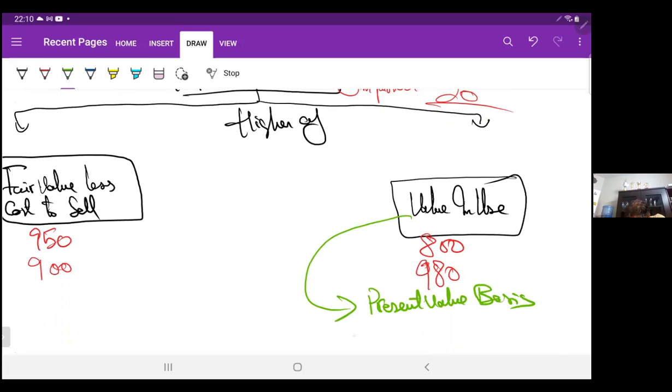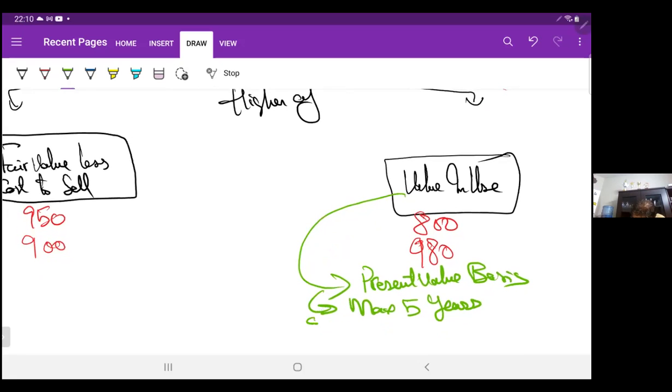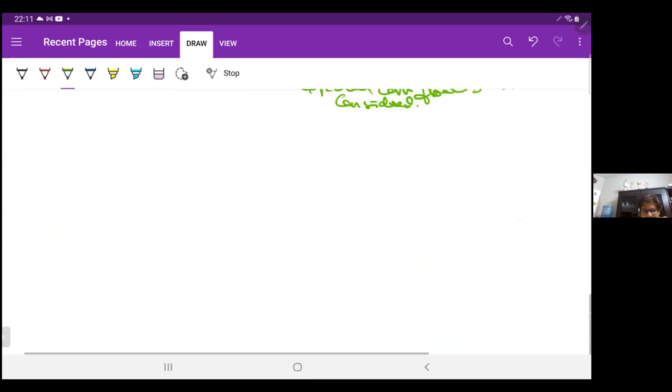Number two, maximum 5 years of expected cash flows can be considered while doing the impairment calculation, not more than that. That's what IAS 36 stated. So far, so good. I hope you get it till here.